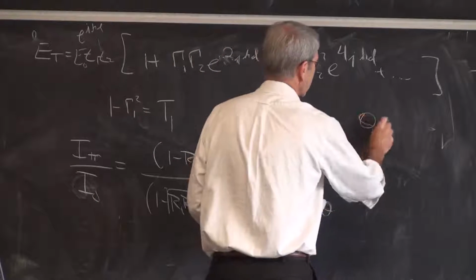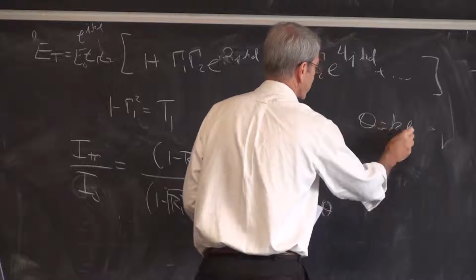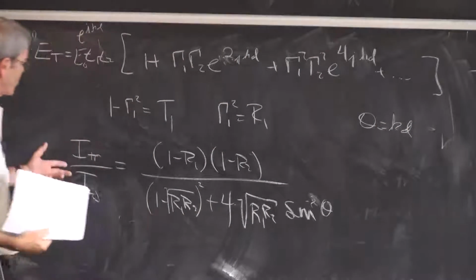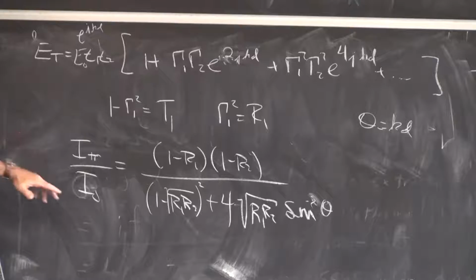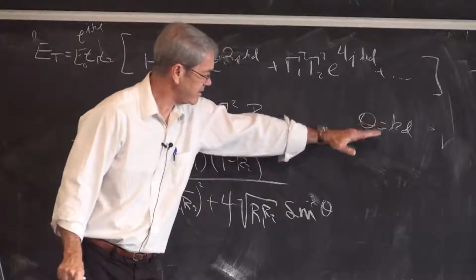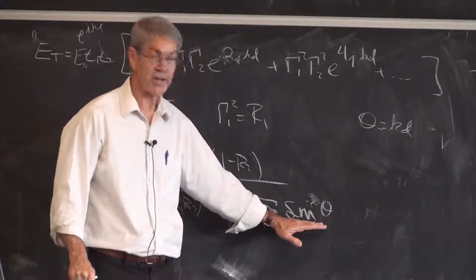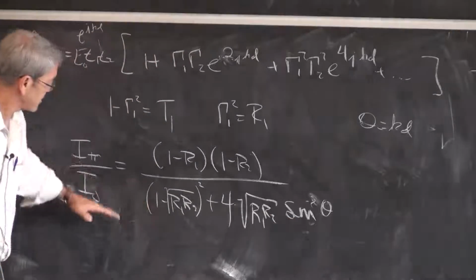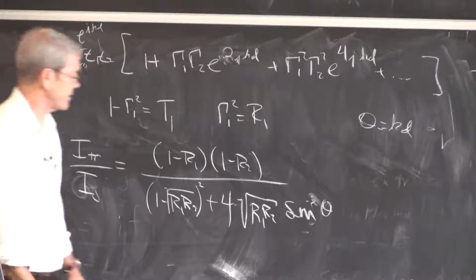And theta equals KD. So you can see if KD is an integer number times pi, then the sine of that is 0, and we get a nice expression here.